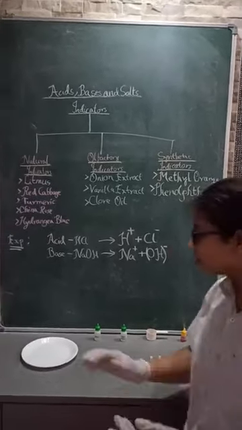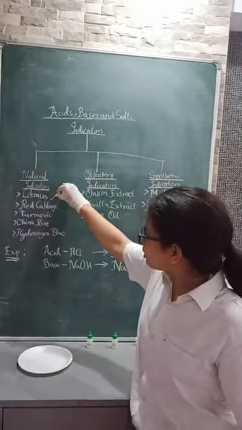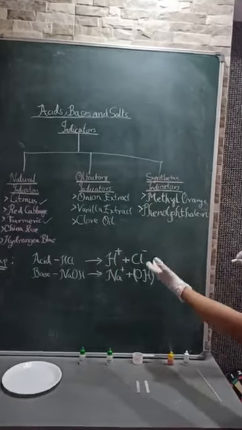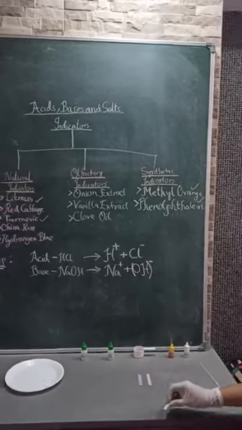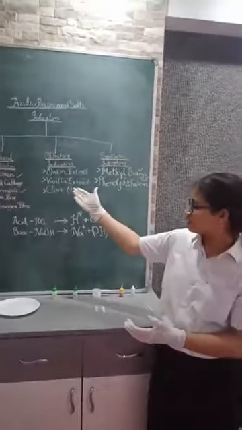In the experiment, the natural indicators we'll use are litmus and turmeric, and for synthetic indicators, we'll use methyl orange and phenolphthalein. You may ask why I am not using olfactory indicators.